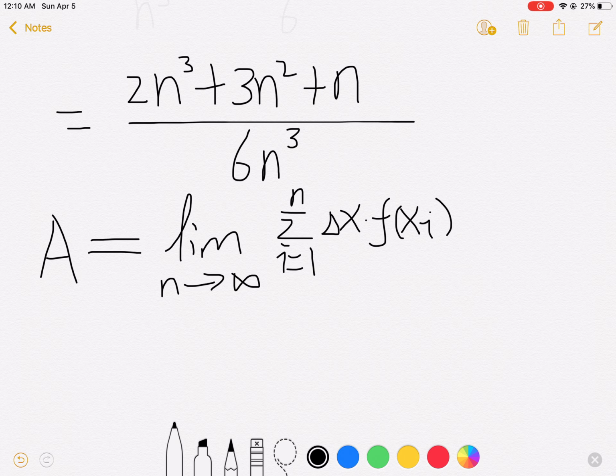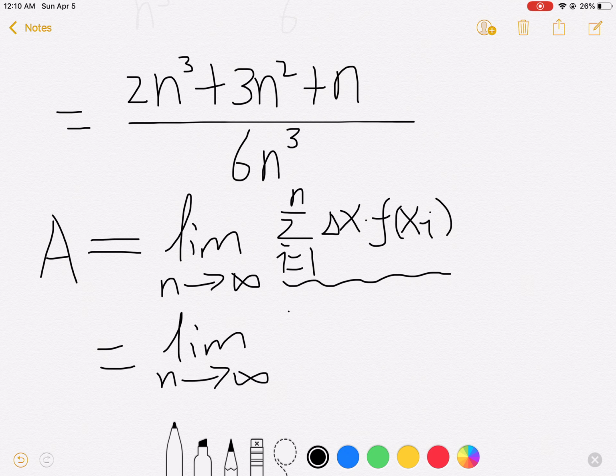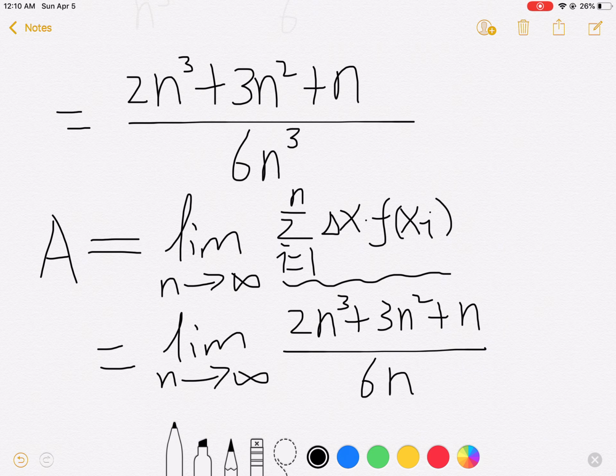This is the limit of the right sum. Okay, so we just do the calculation for this: the limit as n approaches infinity of 2n cubed plus 3n squared plus n over 6n cubed.